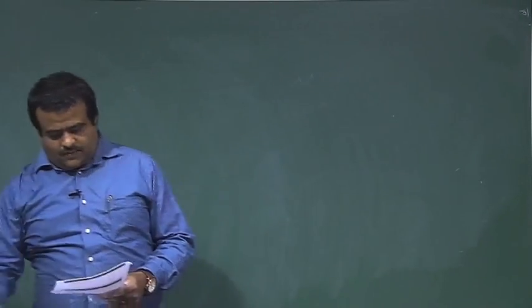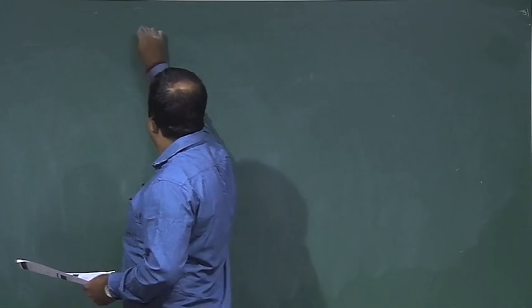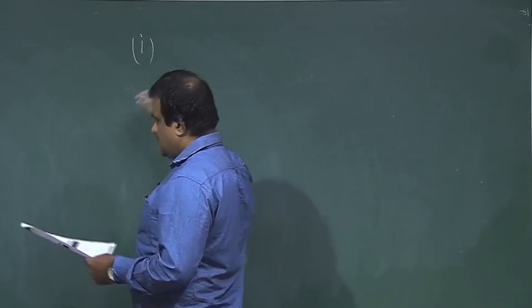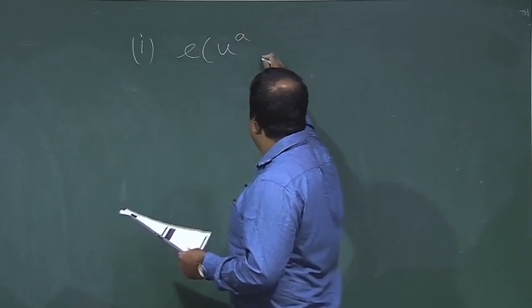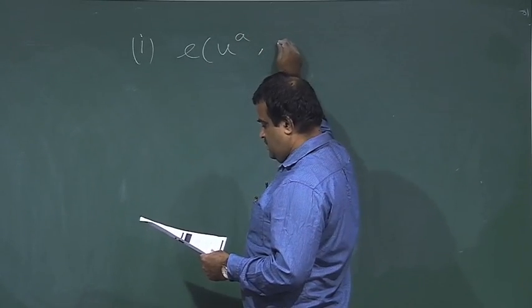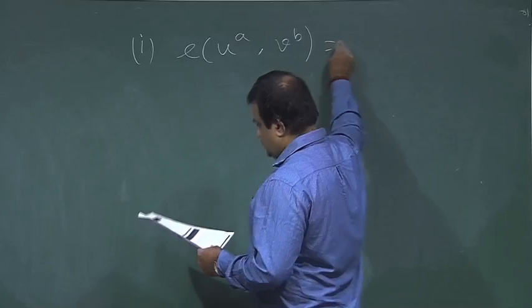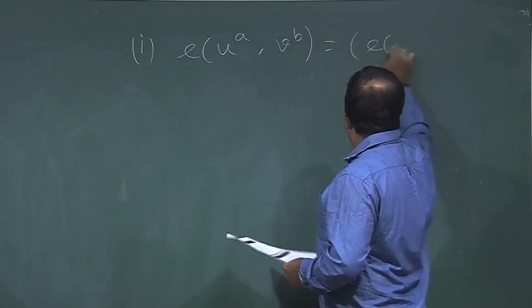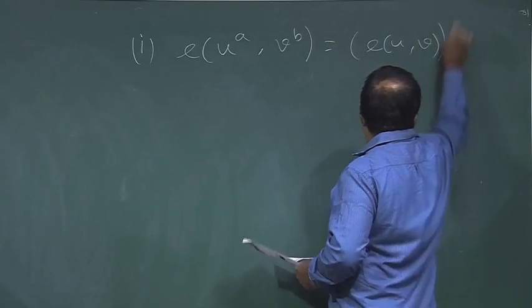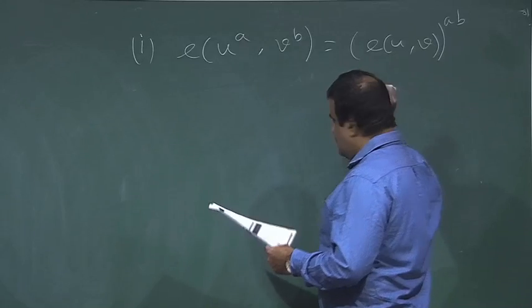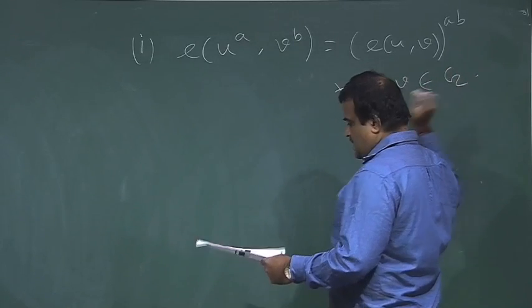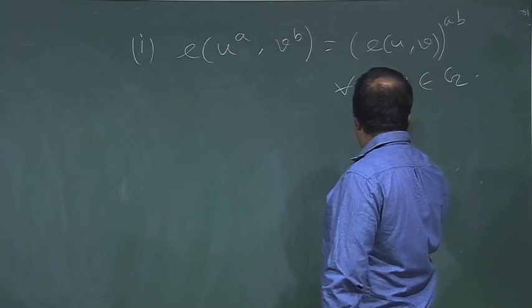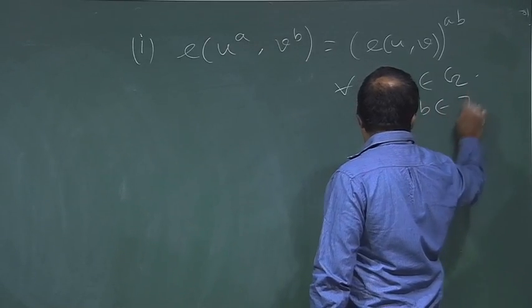The first property is that E(u^a, v^b) should be equal to E(u,v)^(ab), and this is true for all u, v belonging to G and all a, b belonging to Z_P.